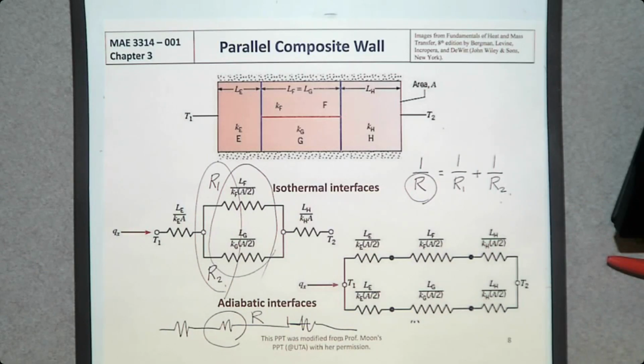This thermal resistance network is what we are going to use in the field to analyze thermal management systems. Simple, but very powerful. So you can use it in many steady state heat transfer problems.